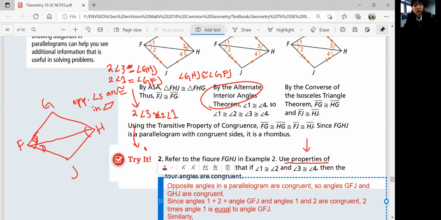Similarly, you can also say that 2 times angle 1 is equal to GFJ, and 2 times angle 3 is equal to angle GHJ.